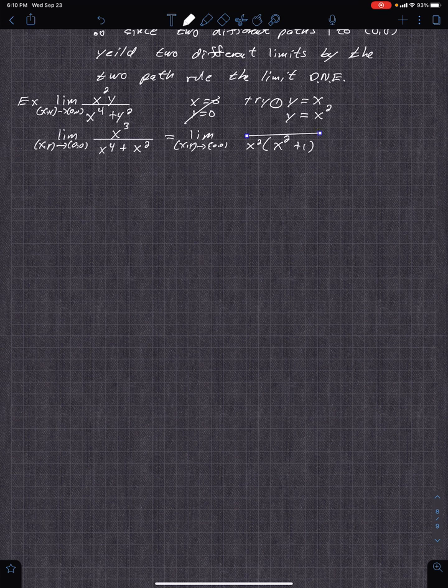Numerator is x cubed. So it looks like you're going to approach 0 because the x squared is gone in the denominator, but you still have a fixed value of 1 in the denominator. So you get the limit as x, y approaches 0, 0 of x over x squared plus 1. That's going to equal 0 because the denominator isn't 0. And so the whole thing is equal to 0.